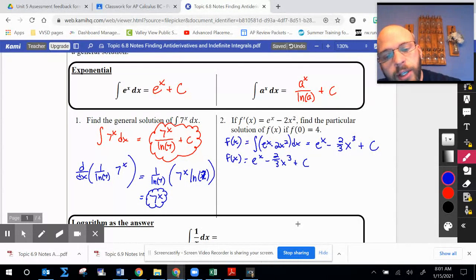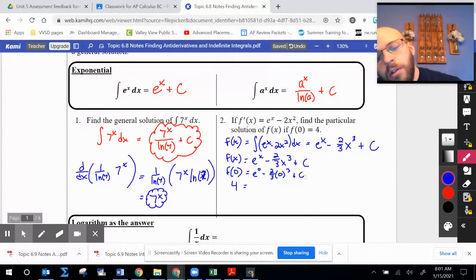Now what they told us was f of 0 was 4. So if I plug in 0, I get 1 minus 0 plus c, or in this case, c would be 3.